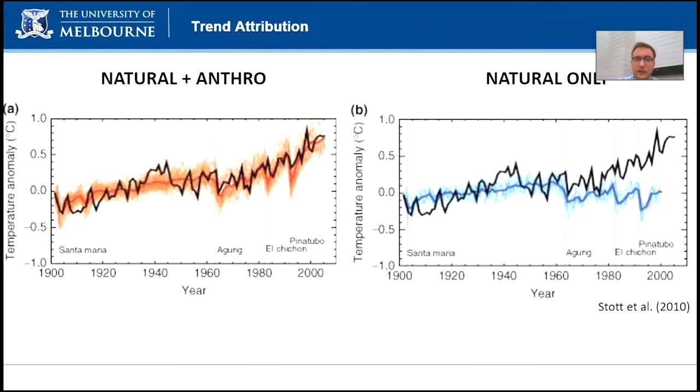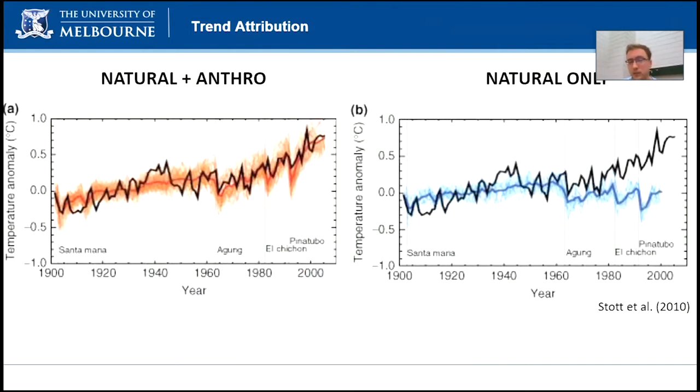And you can see the grey bars show individual volcanic eruptions, like Agung here, Pinatubo here, and you can see the effects. You can see that they're in the climate model simulations because there's a dip after them in the global average temperature. And what we can see is that when we include both natural and anthropogenic forcings in our climate model simulations, we can reproduce the trend fairly well.